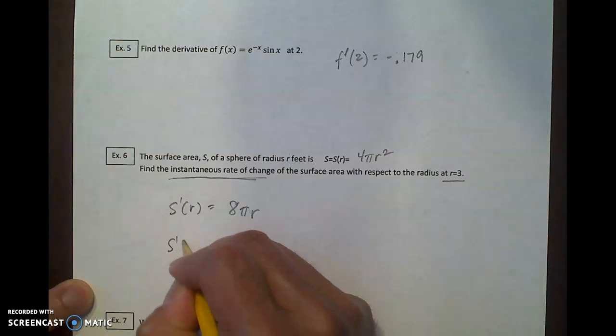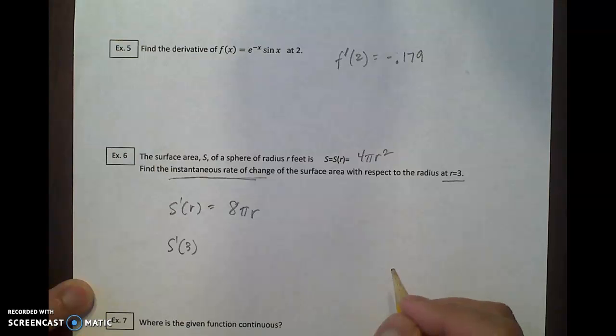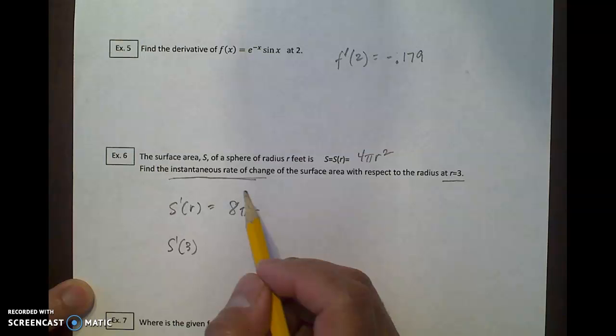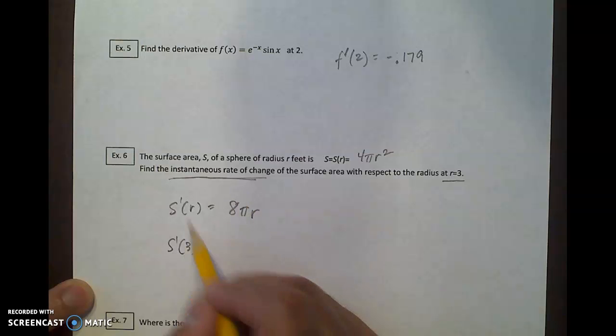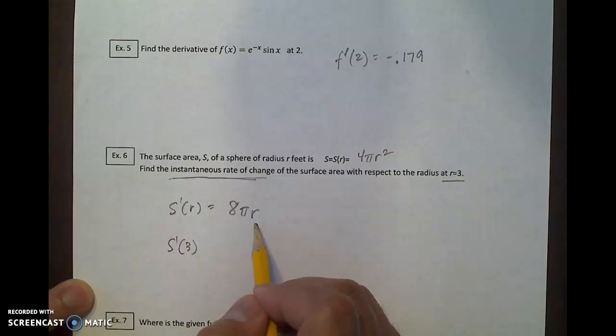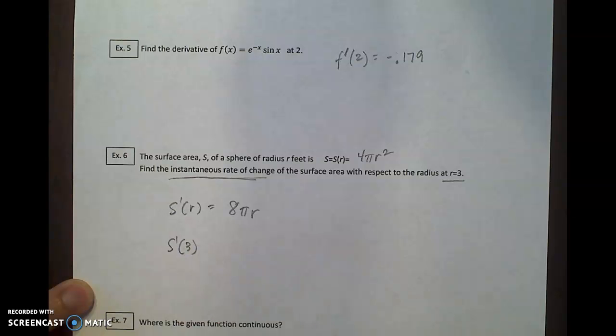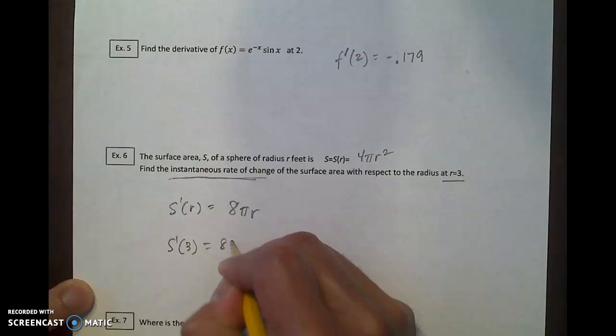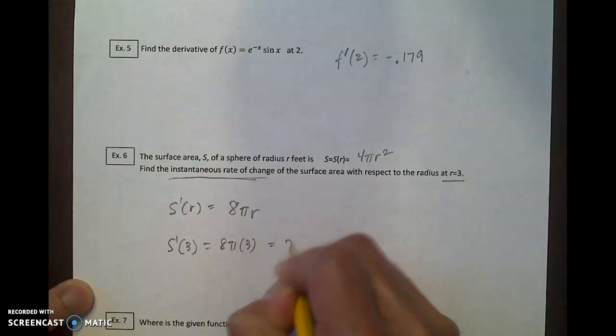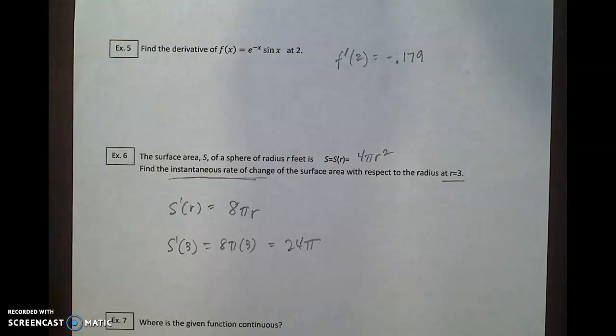Now we evaluate that derivative at r equals 3. So that means, here we go, the answer is 24 pi.